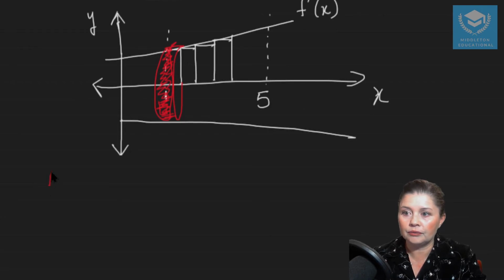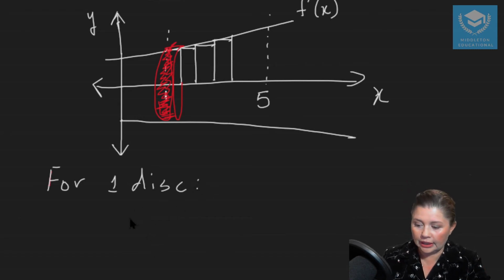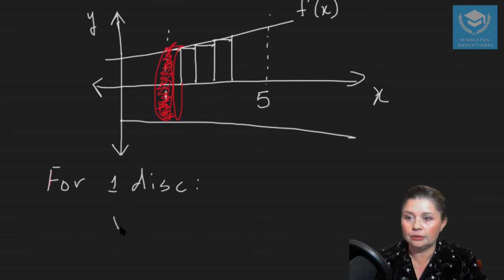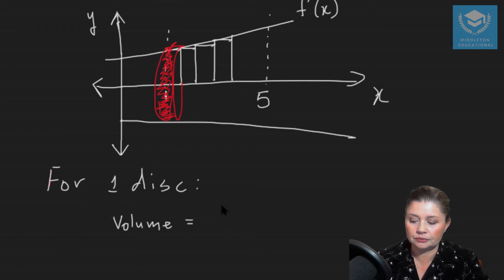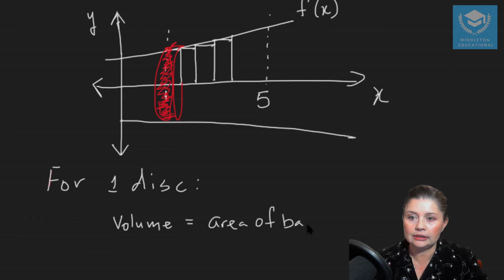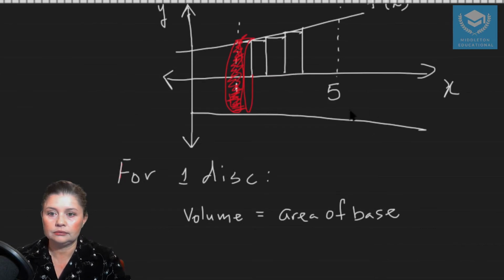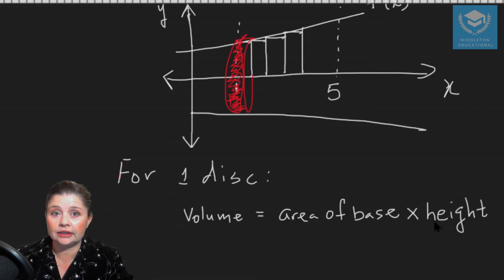So for one disk, I'm going to be looking at volume is equal to the area of the base times the height of that disk, right?